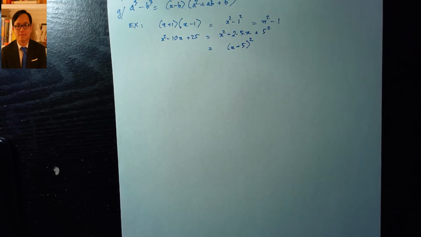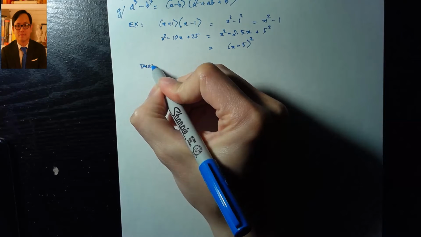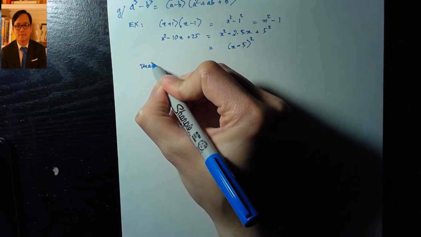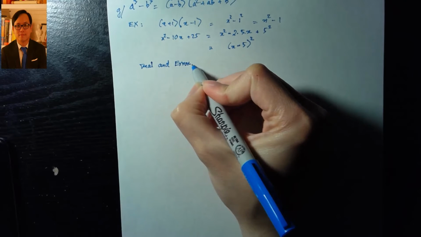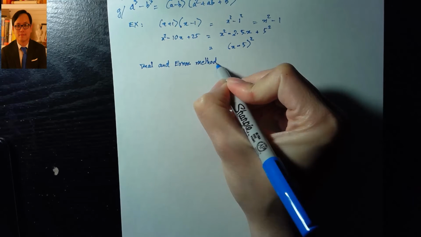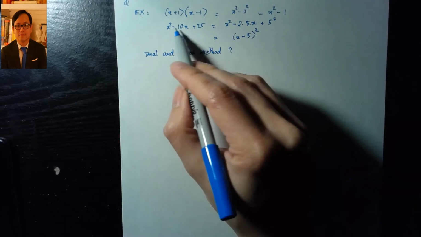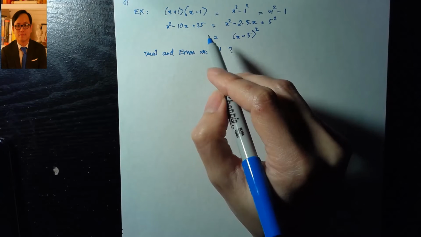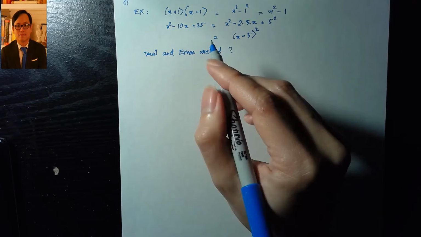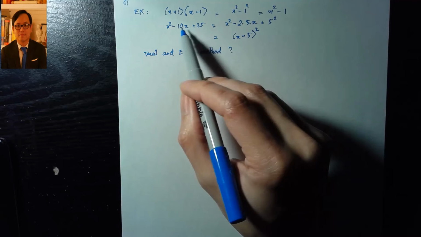I don't know if in Vietnam you use the trial and error method to factor trinomials.